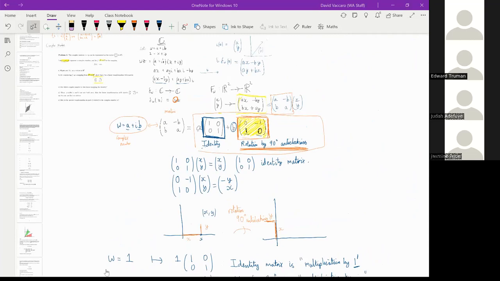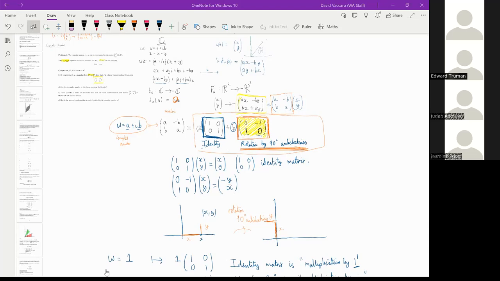Okay, a little good word for you. I'm interested to know if anybody knows the word. Does anybody know the word? It's a word you'll meet when you do maths at university, that expresses the idea that the set of complex numbers on the one hand, so a plus ib, and this family of matrices on the other hand, a, negative b, b, a, are in some sense the same, that they have the same algebra.